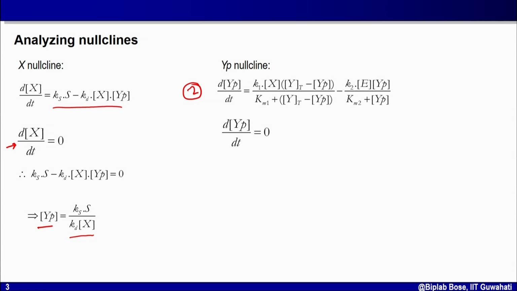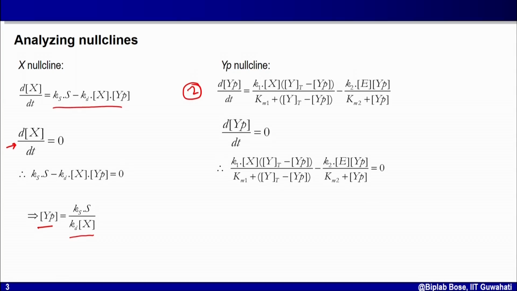So I put 0 in the second ODE and get this formulation: k1 into x into (yt minus yp) divided by (km1 plus yt minus yp), minus k2 e yp divided by (km2 plus yp), equal to 0. Again I have to rearrange terms to get yp on one side and x on the other.